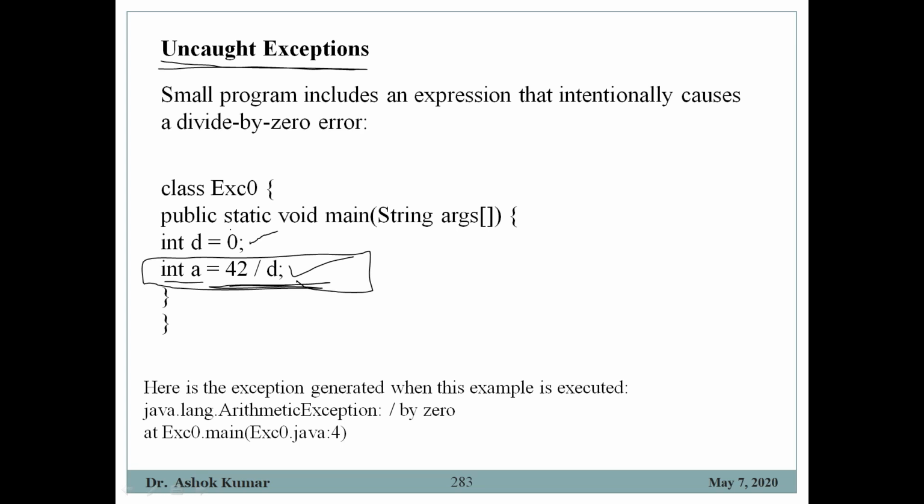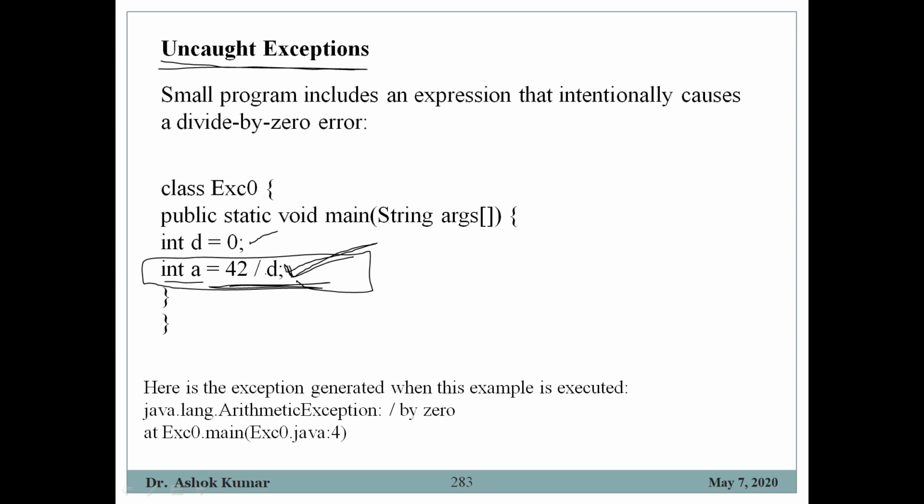When you run it, this line will create the exceptional condition, because if you divide a number by 0, this will generate a runtime error. And when an exception condition arises, as we discussed earlier, Java creates the object corresponding to the error. This is a kind of arithmetic exception, because division by 0 is not possible.